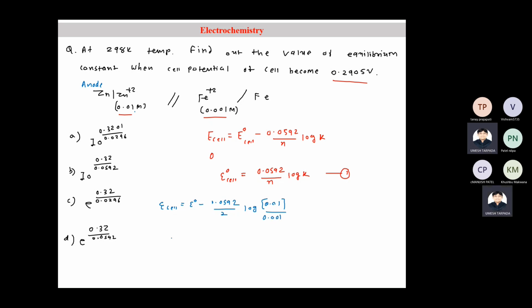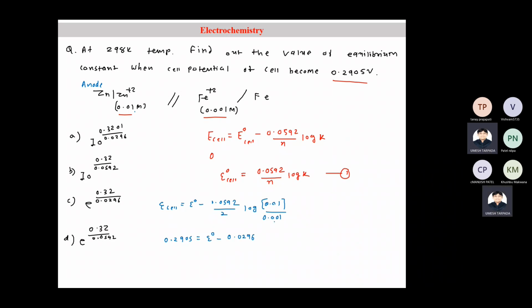The E cell value is 0.2905. E standard is to be calculated. 0.0592 upon 2, so this becomes 0.0296.